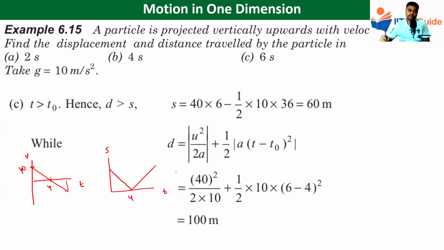So this is 4, and this is 40. Till 6 seconds, so this is 6, and then this will be 20. So this area plus this area: half into base into height plus half into base into height. So this becomes 80 plus 20, which is going to be 100. If it is clear, please raise your hand.